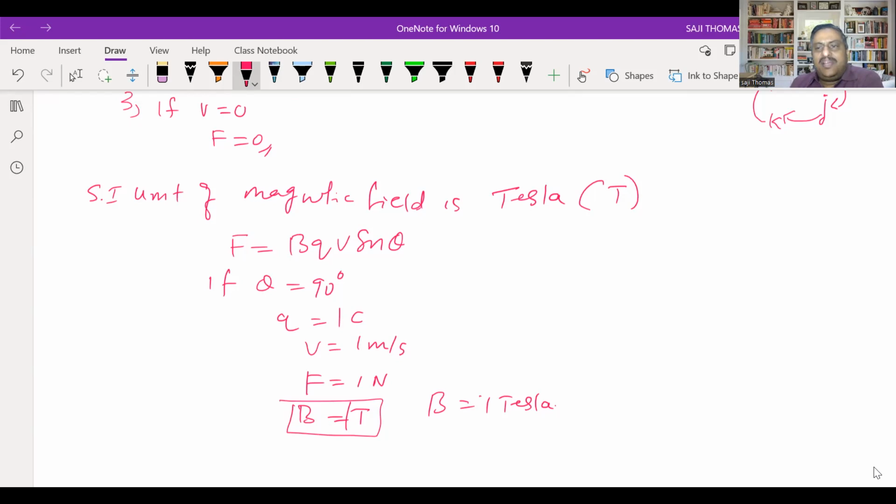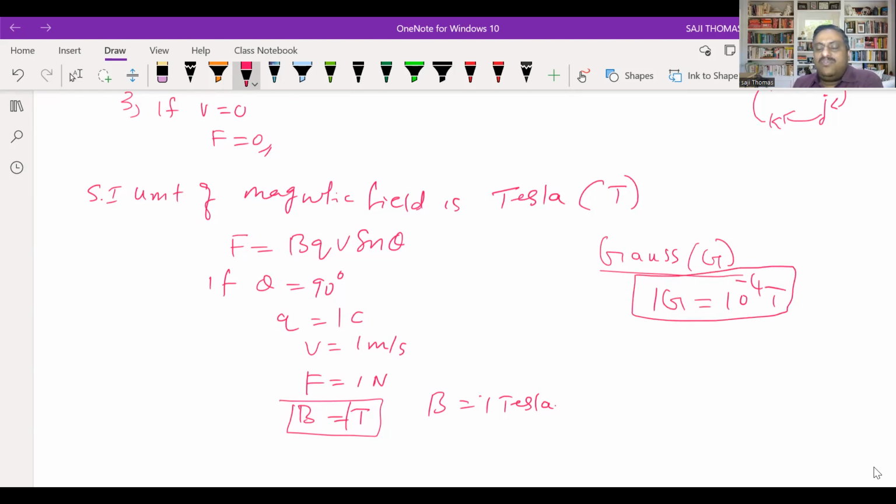Now, there is a smaller unit called Gauss, written by capital G. It is related to Tesla in this way: 1 Gauss equals 10 raised to minus 4 Tesla.